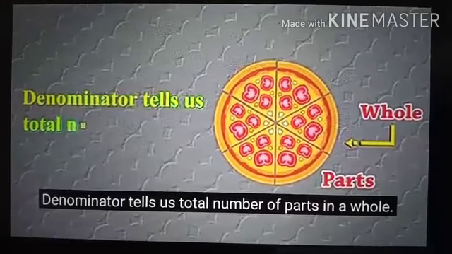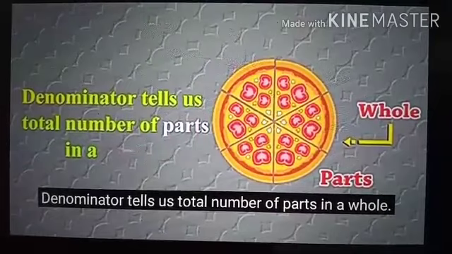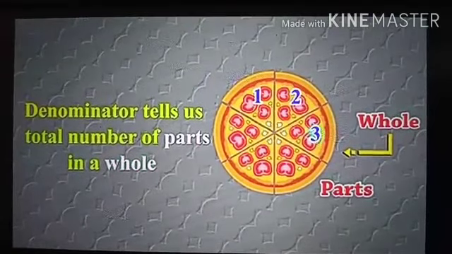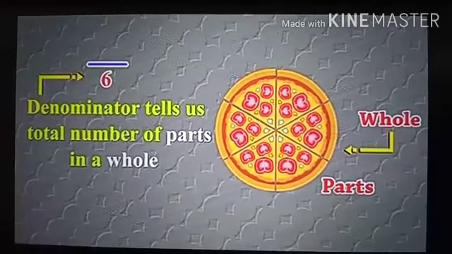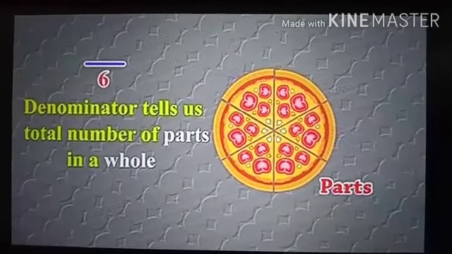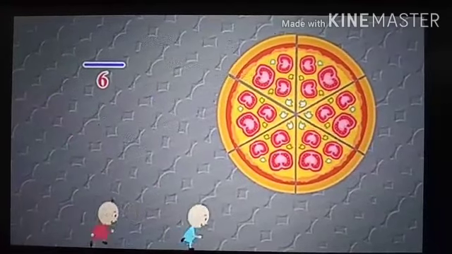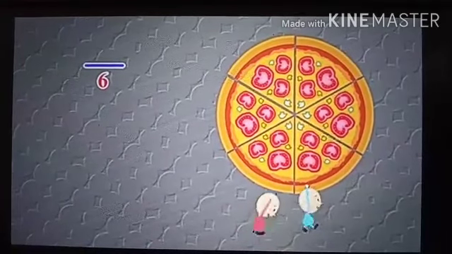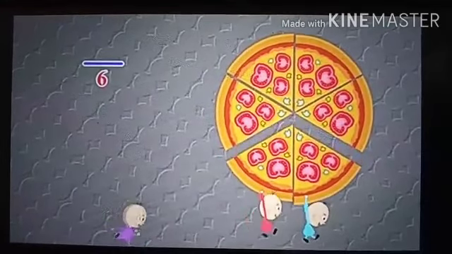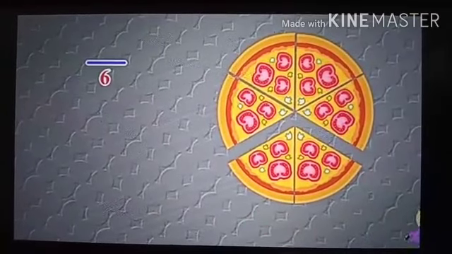Denominator tells us the total number of parts in a whole. This pizza has 6 parts, so we take 6 as the denominator. And if we take 2 parts, we have to write that 2 parts as a numerator.